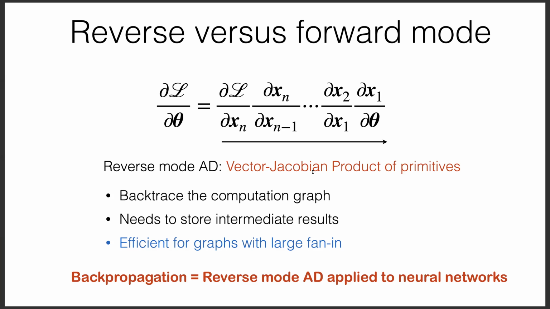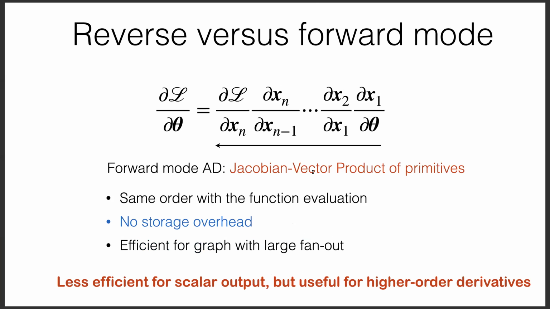Okay, so certainly there's another way of doing that. You just multiply these matrices from right to left. This is called, unsurprisingly, forward mode. It's the same result. There's no storage overhead, but it's less efficient because you start with the big matrices to multiply.